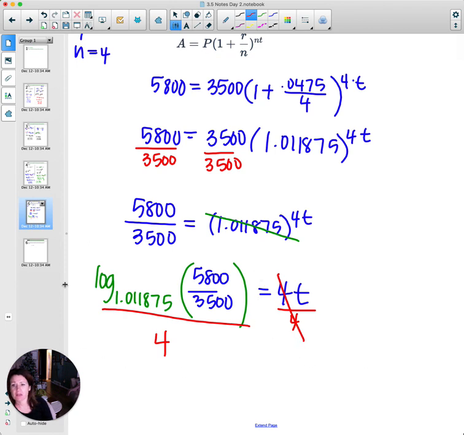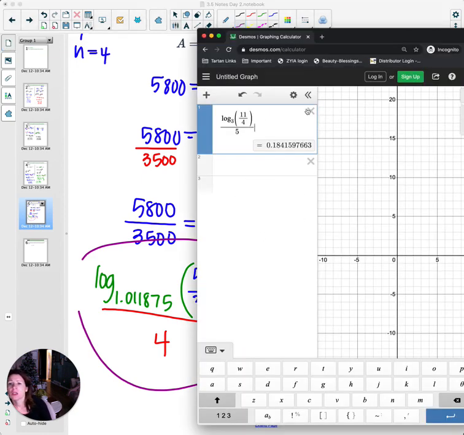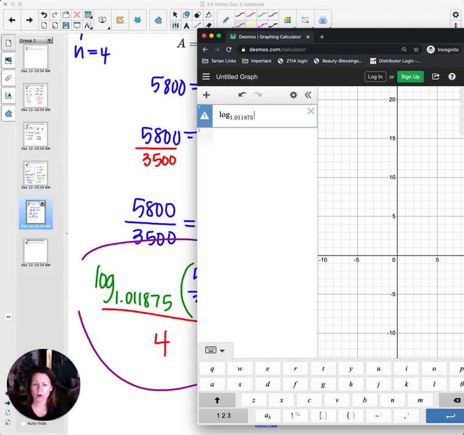So then you'll have this piece that needs to get typed into the calculator to figure out the decimal answer. So we'll do log, and then again the subscript, and then 1.011875. Arrow over, type in parentheses, that was 5,800 divided by 3,500.